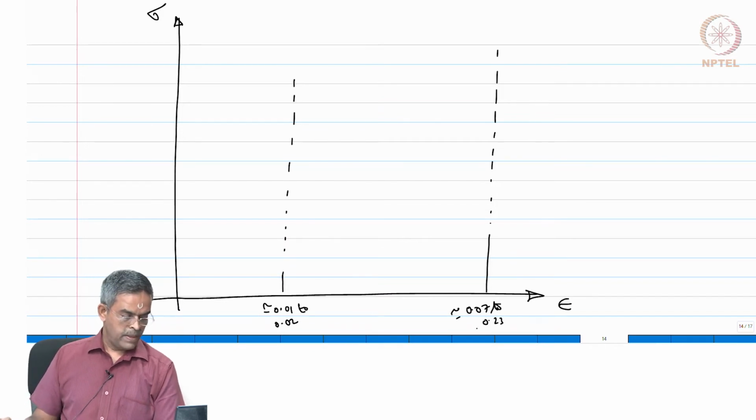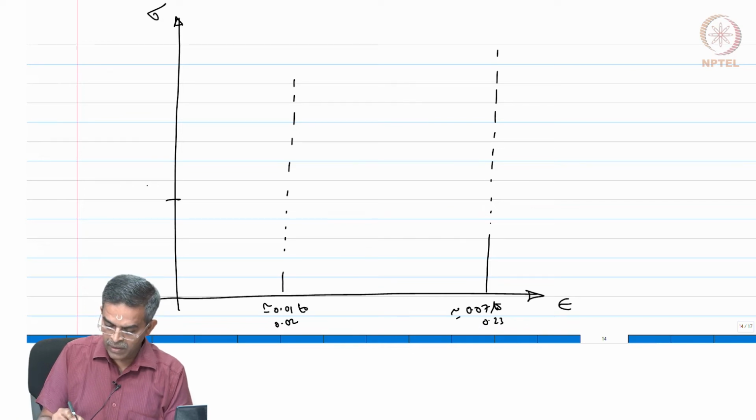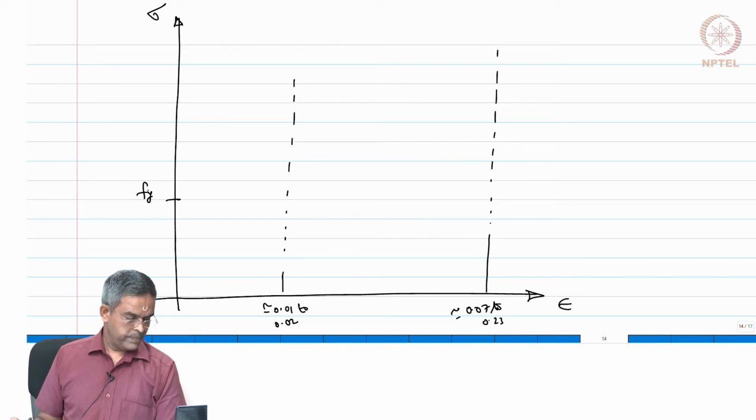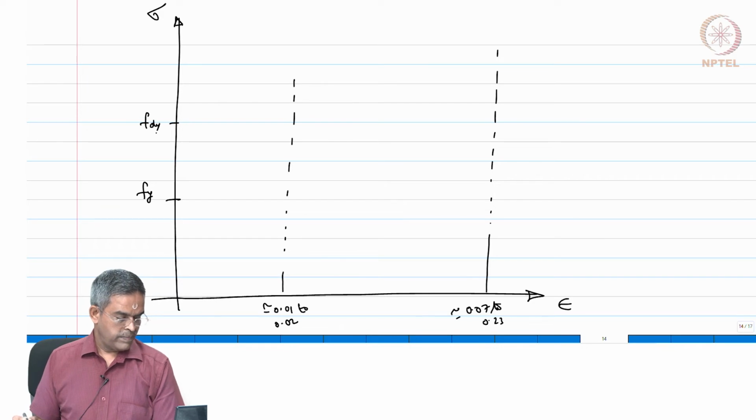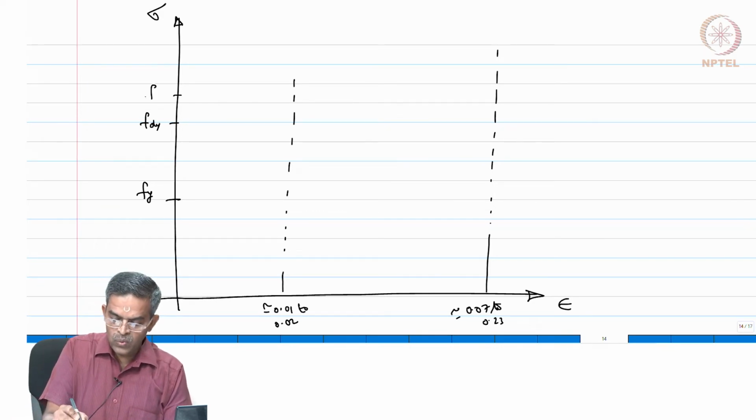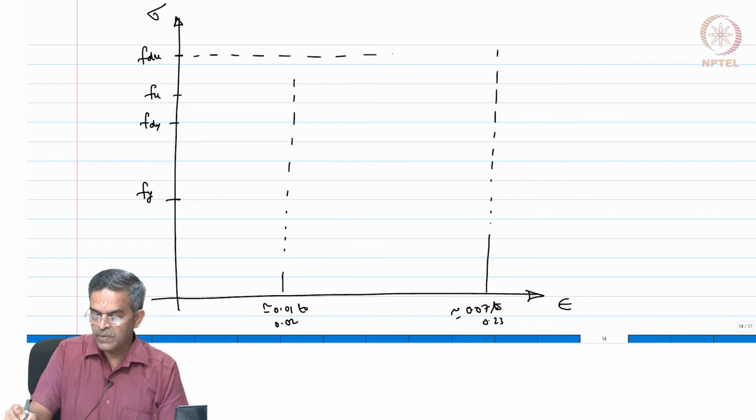Okay. Let us say this is my Fy and this is my Fdy, and let us say this is my Fu and this is my Fdu. I will have control points. Okay. Let us have these control points.